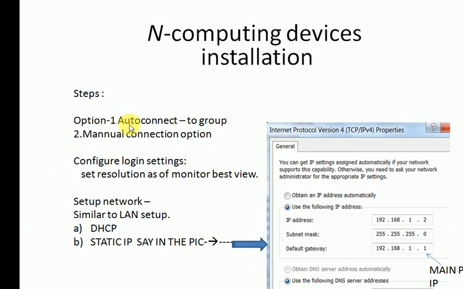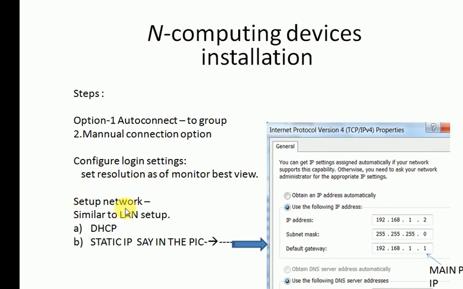Next step: auto connection and manual connection are available, and as per your choice both can be assigned. Next is to configure the resolution, the login resolution, according to the best view of your LCD.